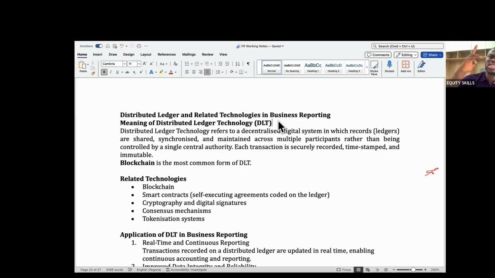And it's not like it's one person. No person is controlling it. It is a distributed system. No single person is controlling it. And whatever transaction you put there is secured, is time-stamped, and is immutable. Immutable means that it cannot be changed. That's distributed ledger technology.